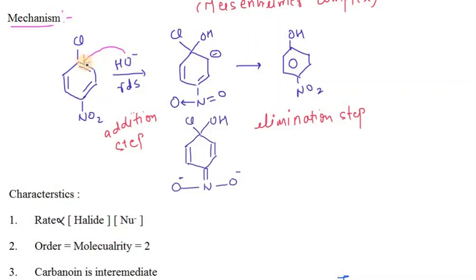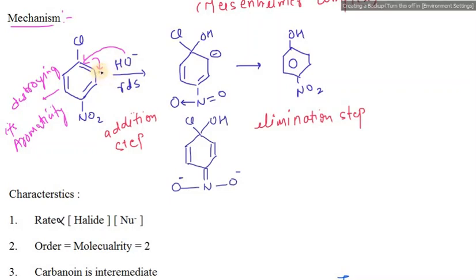Now we know that carbon can have a maximum of 4 bonds. So when OH attacks, this double bond will shift towards here. So we know that this benzene ring is destroying its aromaticity. So the reaction conditions are all used to proceed the very first step, because it is a very time-taking step.